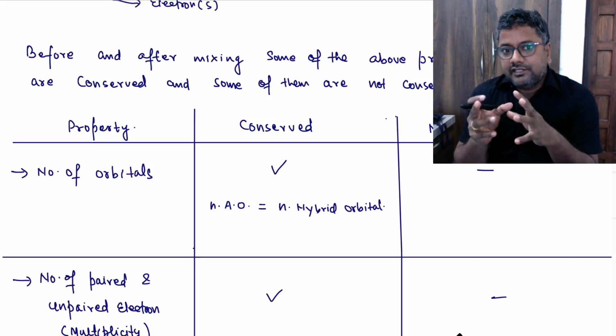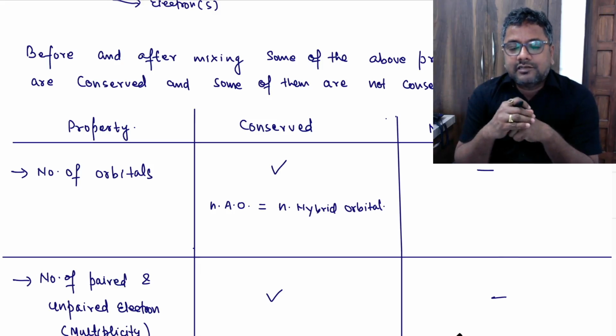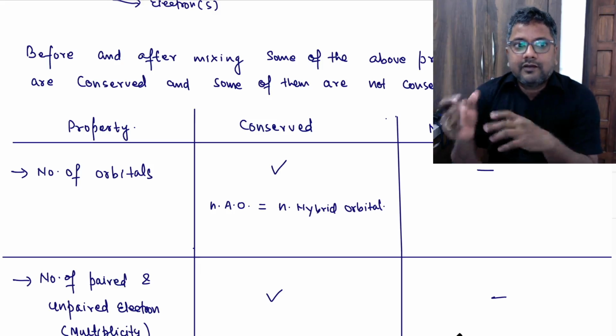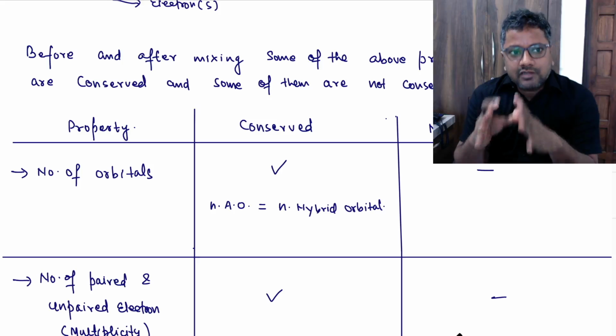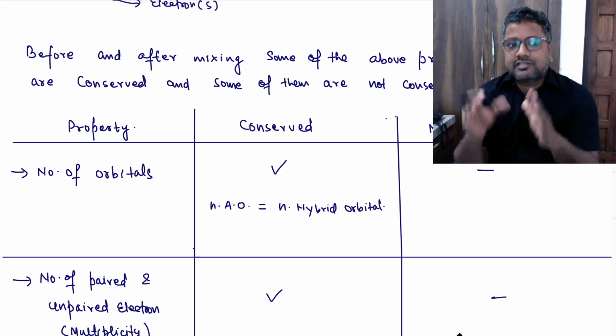You cannot change the multiplicity of the system before and after hybridization.